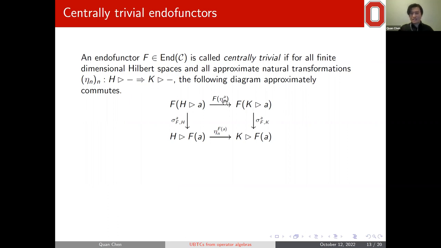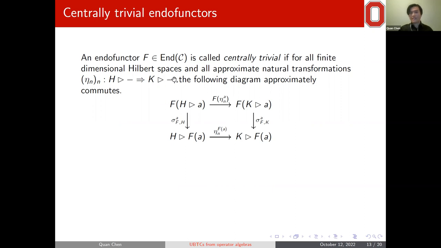So let's see, if you just talk about the natural transformation, no n, then this diagram always commutes because this is just saying that this is the Hilbert module structure, right? Sigma f H is the Hilbert module structure. So if there is no approximating sequence, this is always true.